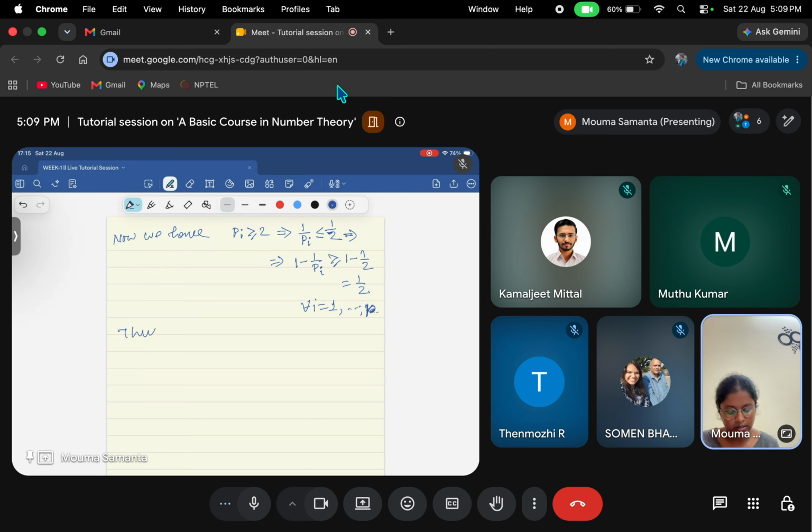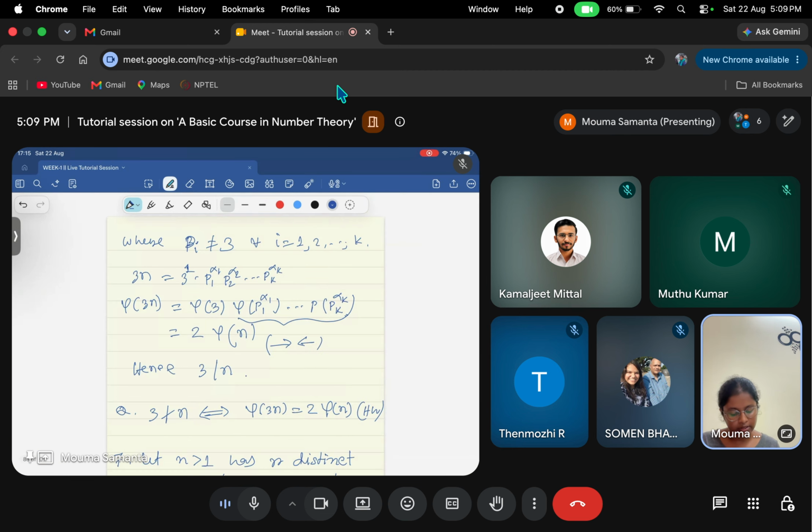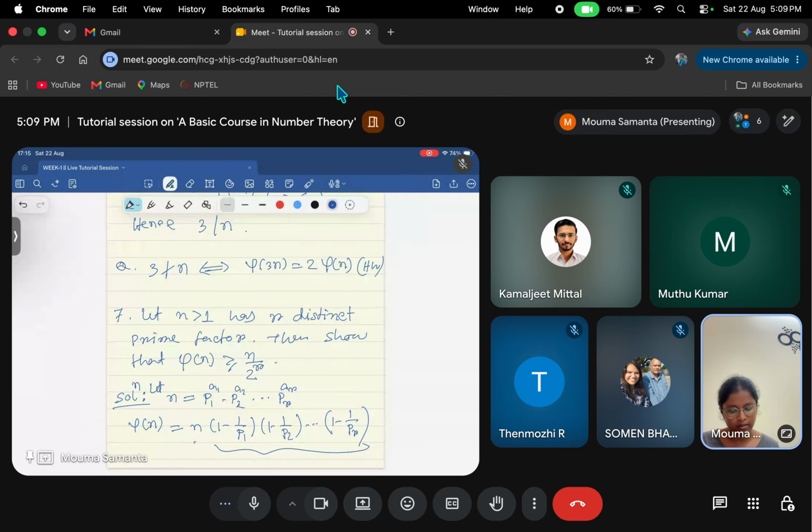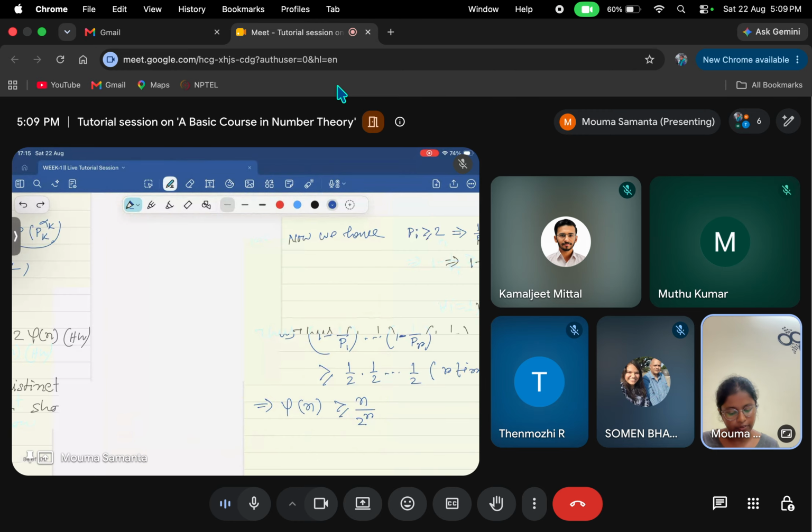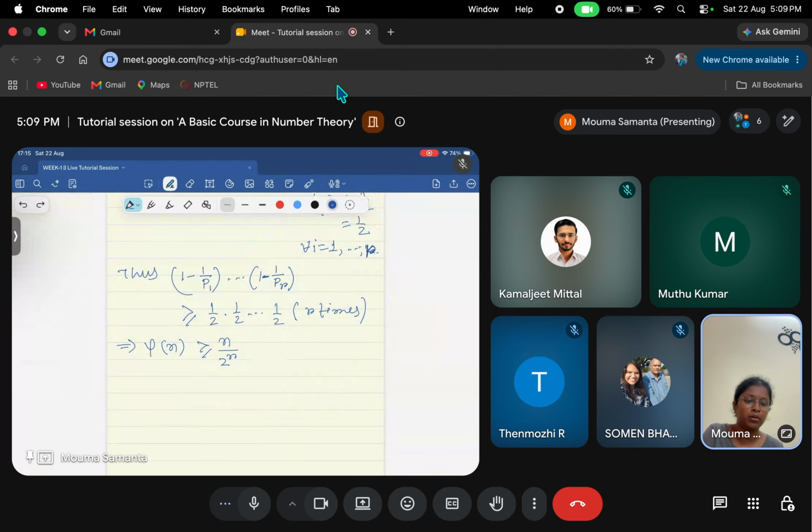So thus 1 minus 1 by p1 up to 1 minus 1 by pr, this product is greater than or equal to half times up to half. How many times? r times. So thus this is 1 upon 2 power r. And phi of n was this term multiplied with n. So thus phi of n will be greater than or equal to n upon 2 power r.